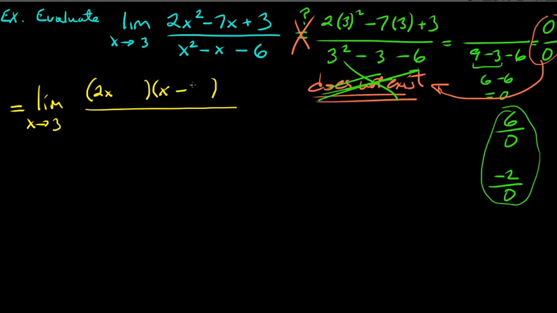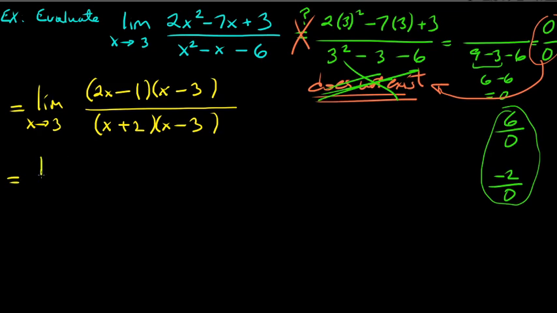But this is going to be x minus 3 times 2x minus 1. So 2x minus 1 times x minus 3. The denominator should be even easier. That factors as x plus 2 times x minus 3. Yep, I think that works, right?